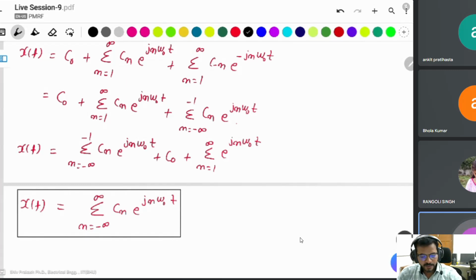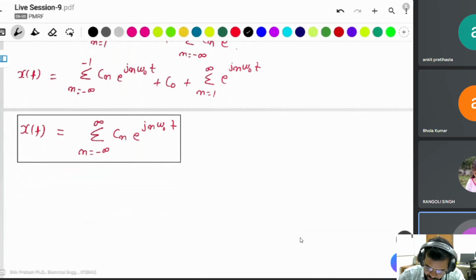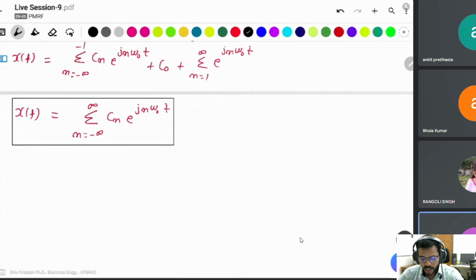This is the complex exponential Fourier series representation. In a simple way, in a single expression, x(t) is equal to the summation of n equal to minus infinity to infinity of cn e^(j n omega naught t).